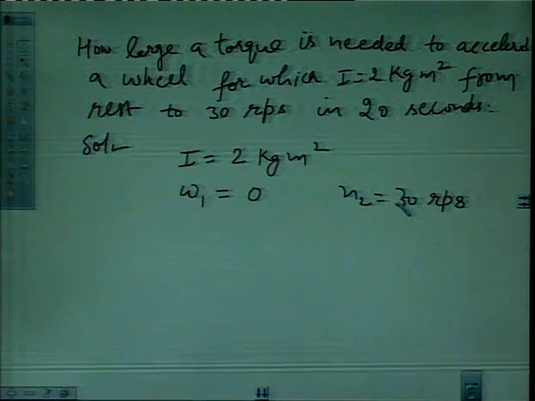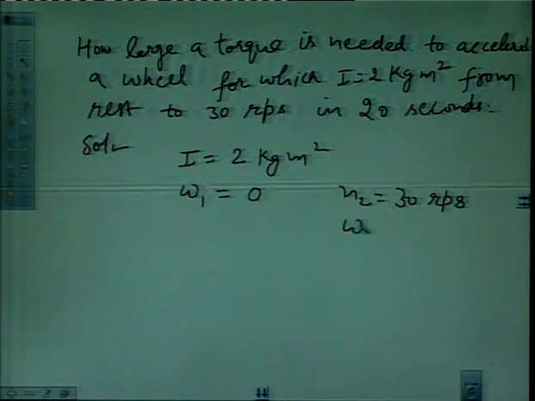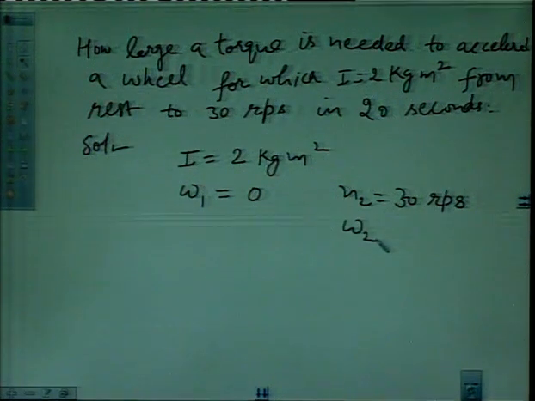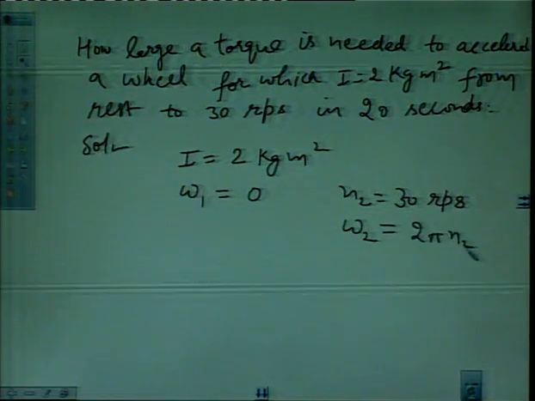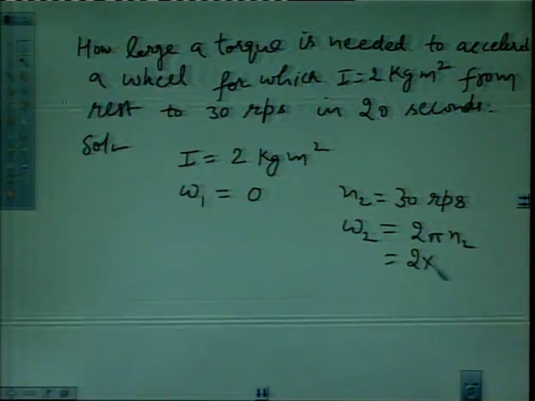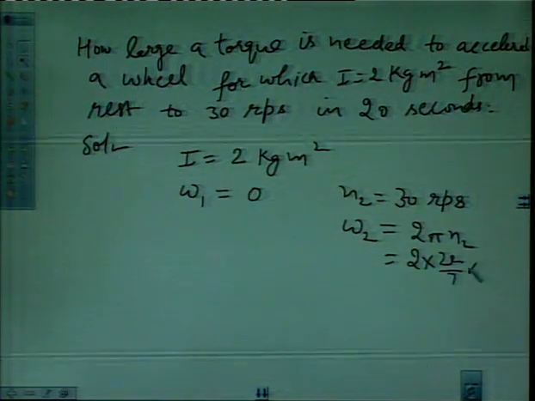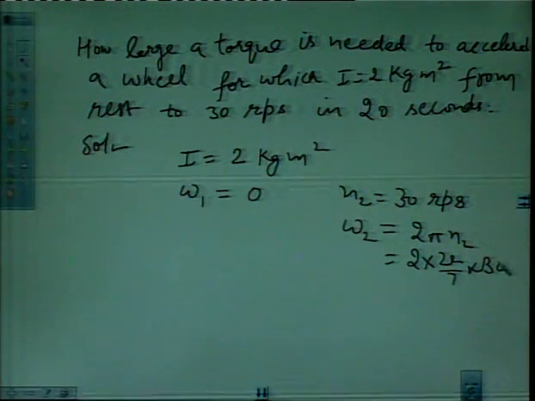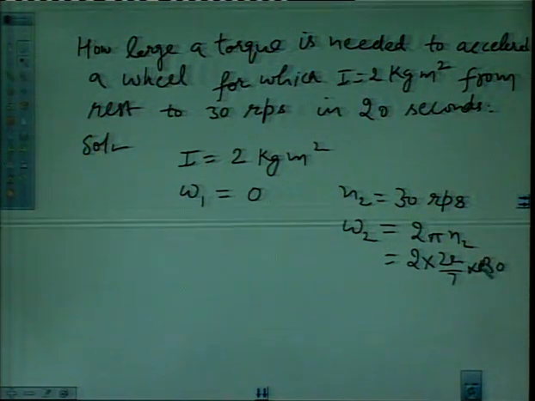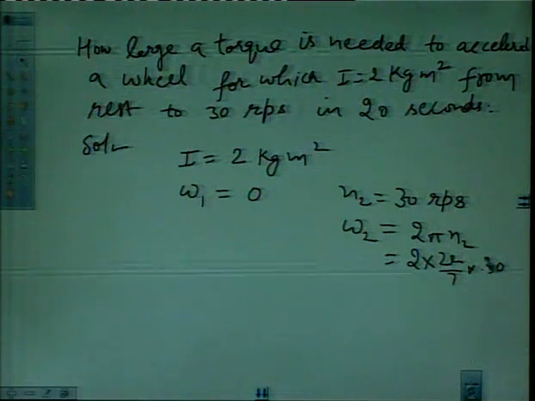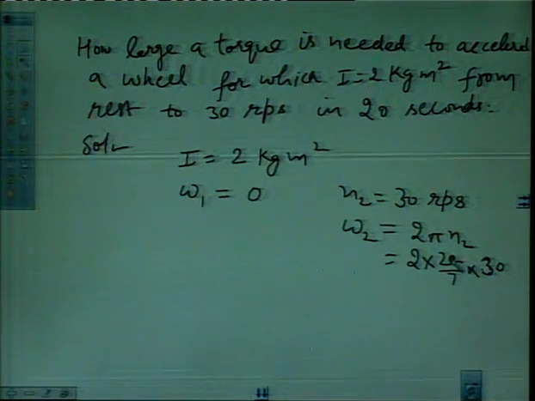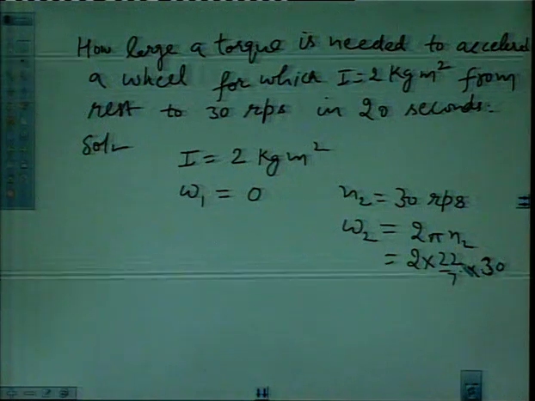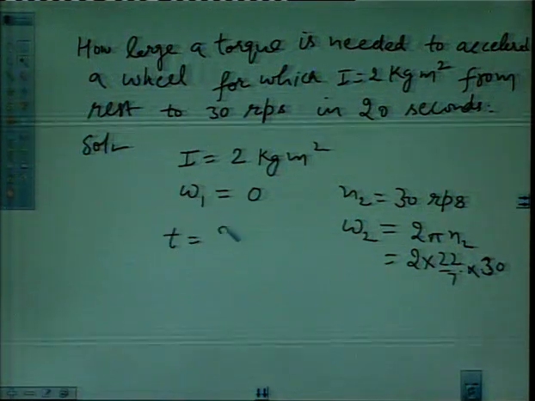RPS means rotations per second. Now we have to find its angular velocity omega 2. Omega 2 is equal to 2 pi into N2. This is equal to 2 into 22 by 7 into 30. Now the time given is equal to 20 seconds.